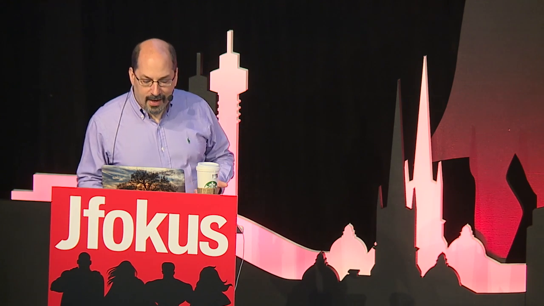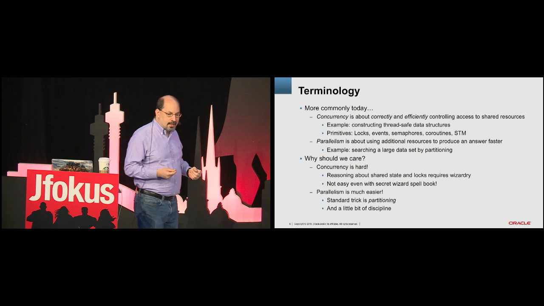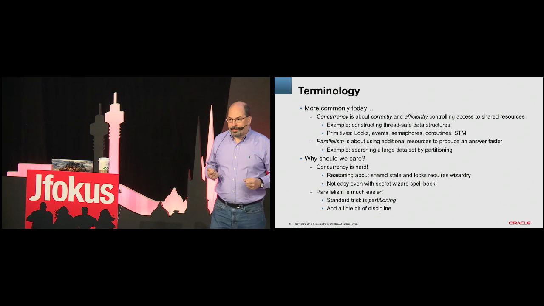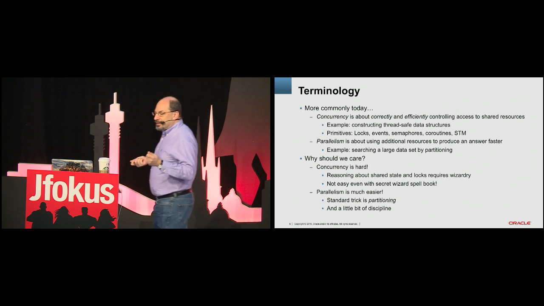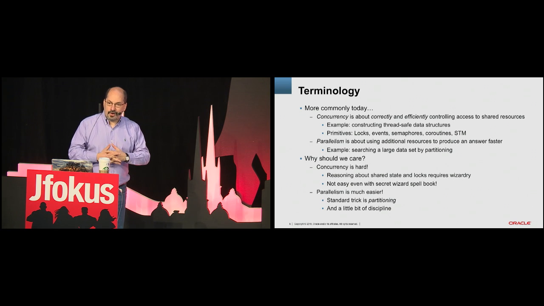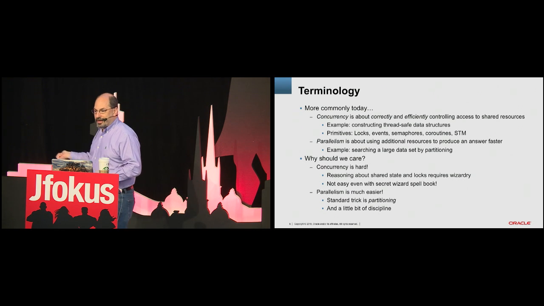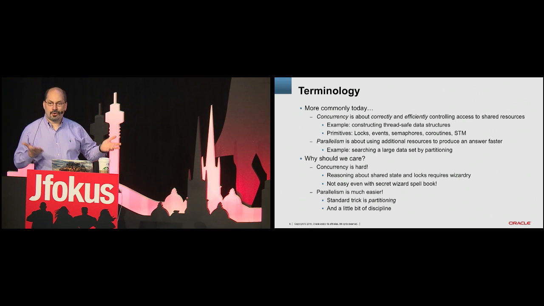So the distinction that I think is more useful today, and this is what a lot of educators are using for these terms, is to say concurrency is about correctly and efficiently controlling access to resources, to data, to I/O channels, whatever. A good example is you've written a data structure, you've got a bunch of threads putting elements in the data structure, taking elements out of the data structure, and you want it to continue to work.